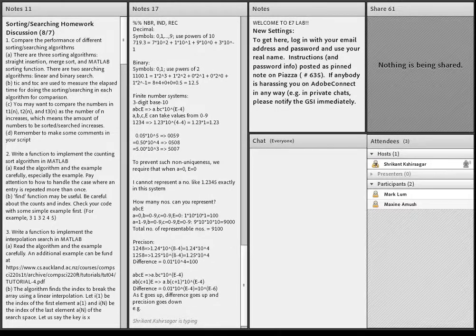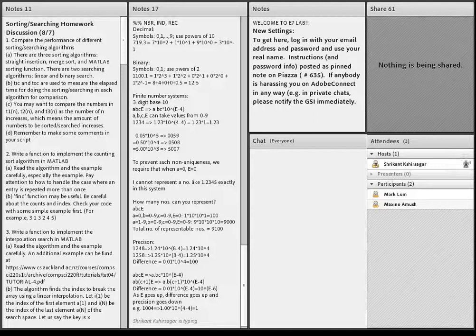So for example, let's look at what 1004 is. 1004 is 1.00 into 10 raised to 4 minus 4, which is simply 1.